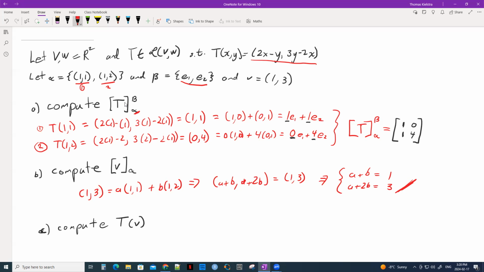So now I'm going to make my augmented matrix: (1, 1 | 1) and (1, 2 | 3). Doing row 2 minus row 1, replacing row 2, will give (1, 1 | 1) and (0, 1 | 2).